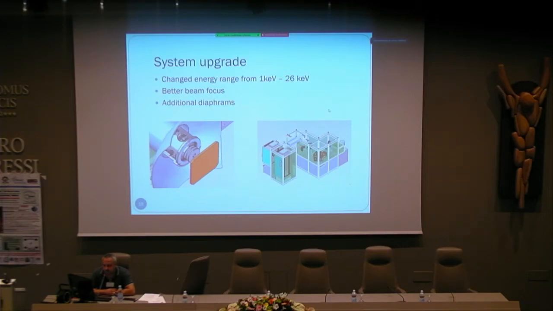Our current beam current is much lower at low energies, and the energy range now will be higher, from 1 kV to 26 kV, which is, I don't believe there is a system like that in the world. And we will have a better beam focus. The whole system will be put under high voltage. Now it's not. We didn't need to do that, but now it will be a necessity.